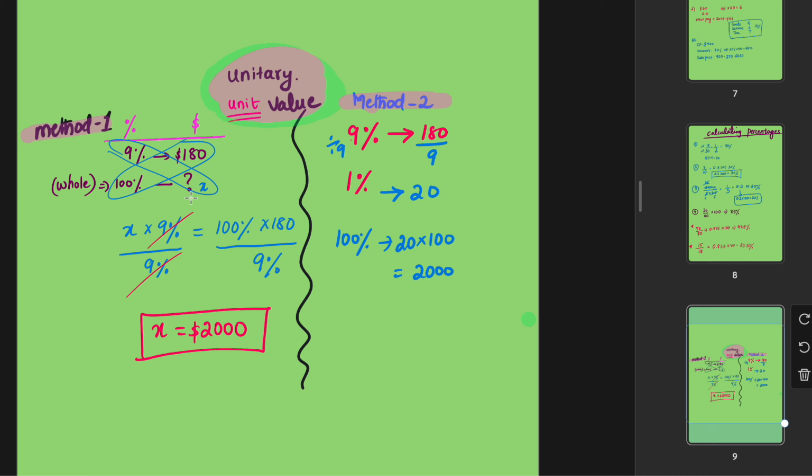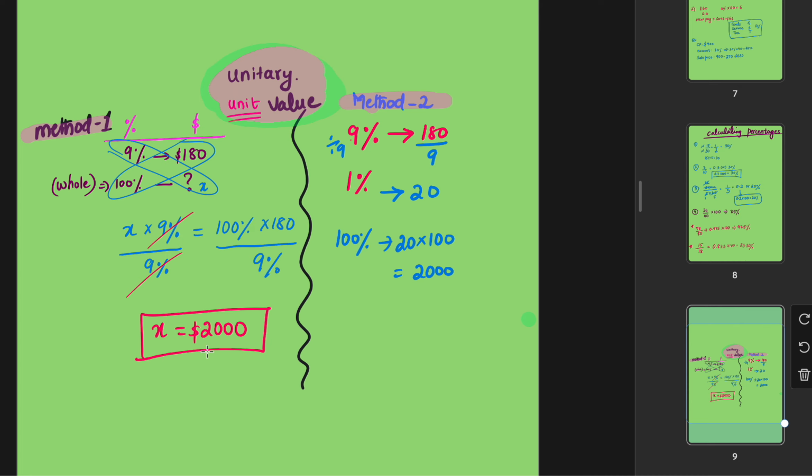You can create two columns, percents on one side and dollars on the other. The unknown is your x. All you have to do now is cross multiply. So x times 9% is equal to 100% times 180. To isolate your x, divide both sides by 9%. And if you type it in the calculator, you would get $2,000.